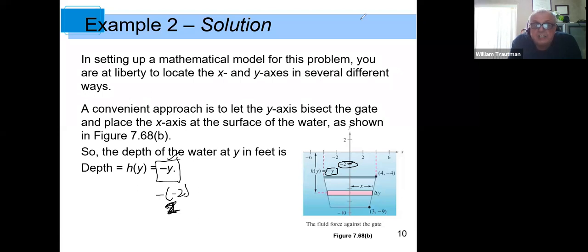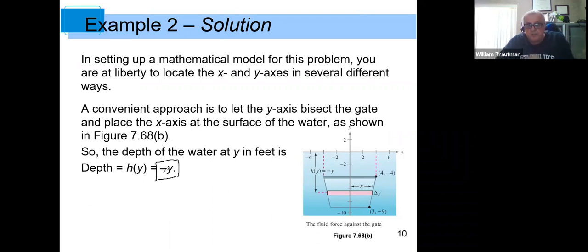So to get a positive 2, we have to use negative y as our formula for below the water line. That's a little confusing to some people, but just know that we're using negative y as the distance below the water. Okay.